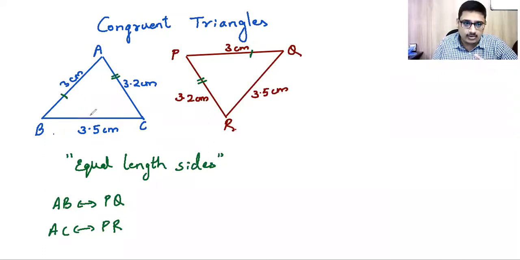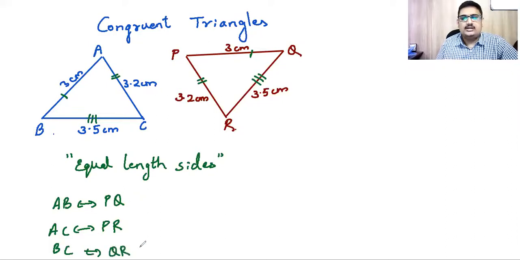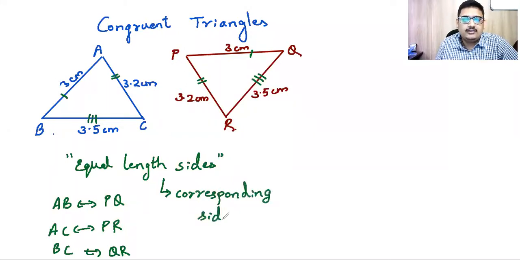The remaining side I will mark with 3 dashes, because BC corresponds to QR, which are 3.5 centimeter each. So here I indicated the corresponding sides which are equal in length.